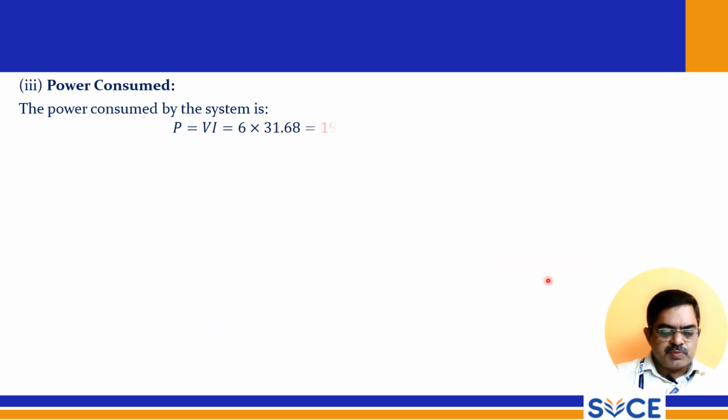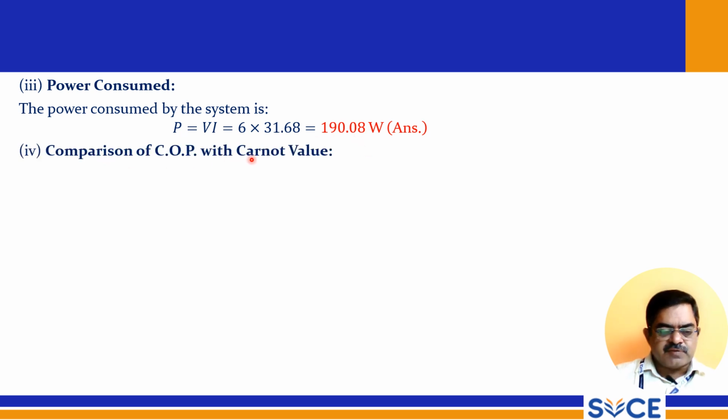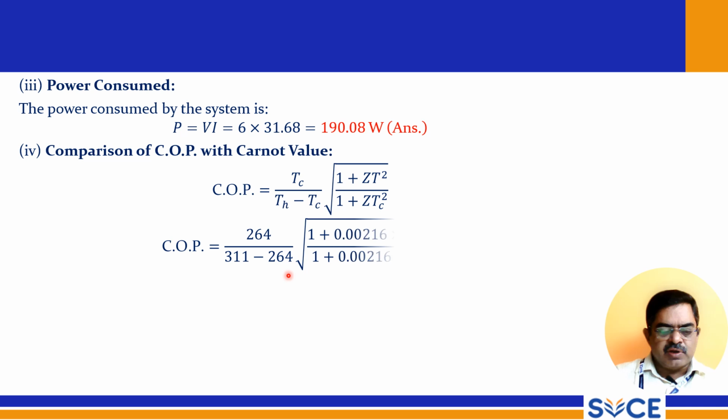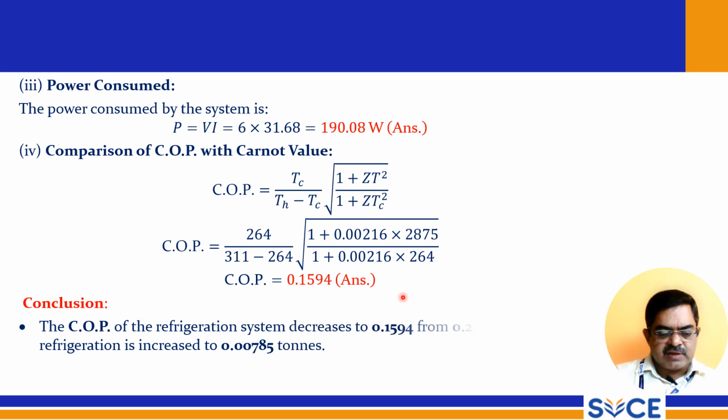Next, we have to find the power consumed also. The power consumed by the system is P equal to VI. So 6 volts into 31.68 ampere, this comes to 190.08 watts. And comparison of COP with the Carnot value, by substituting all these values, we are getting 0.1594 as the answer.